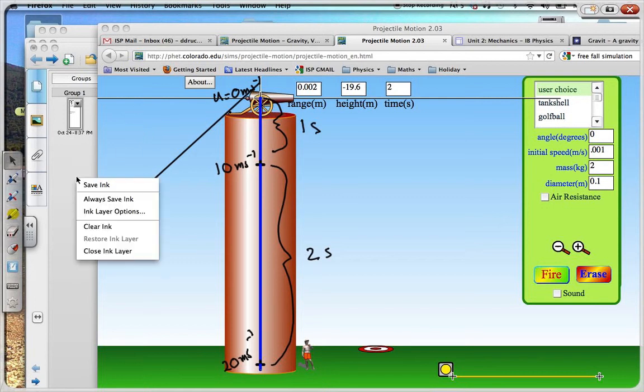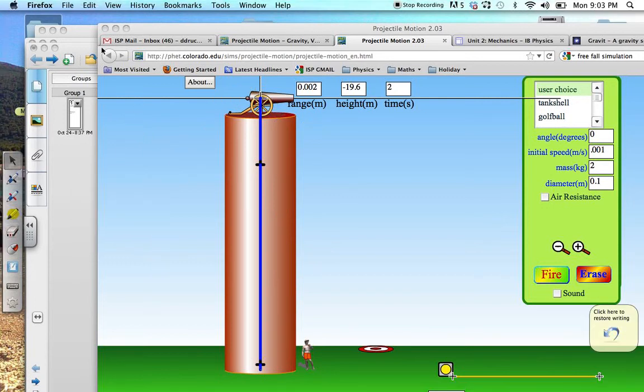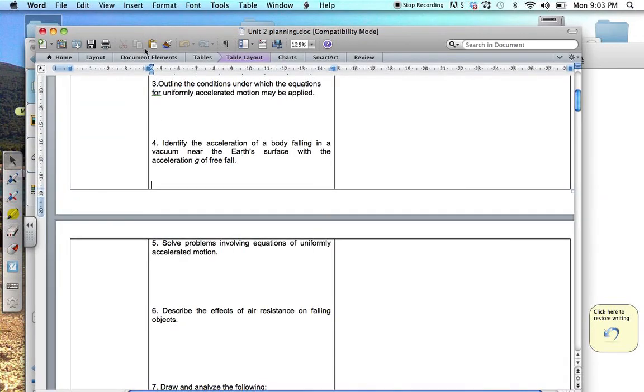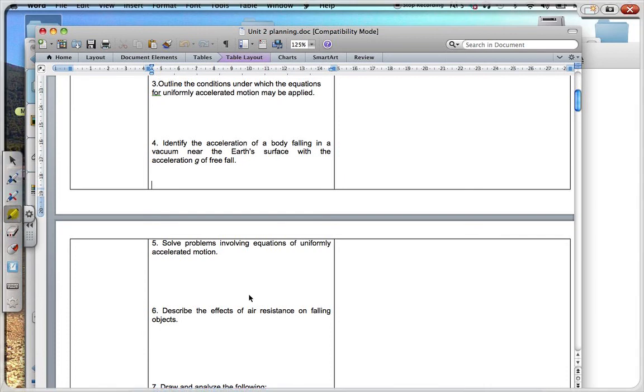Okay, closing that down, going back to these over here. I'm going to do some examples of this, but first let's discuss this thing about air friction.